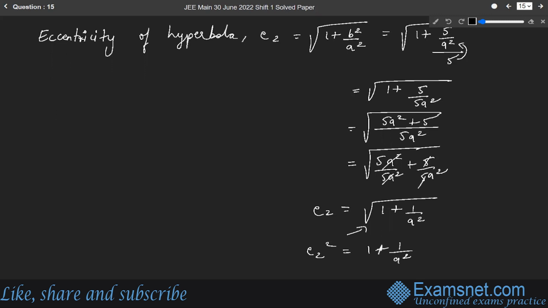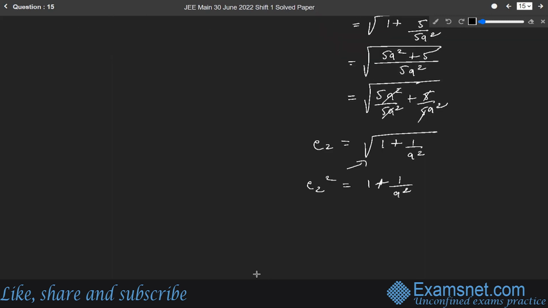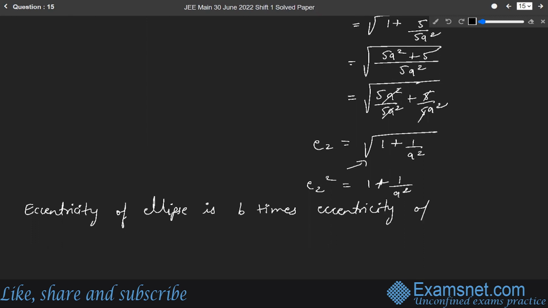Now a condition is given in the question that the eccentricity of ellipse is b times the eccentricity of hyperbola. So what is the eccentricity of ellipse?